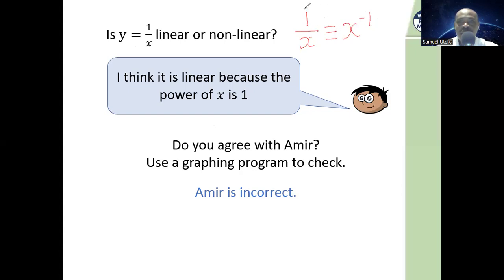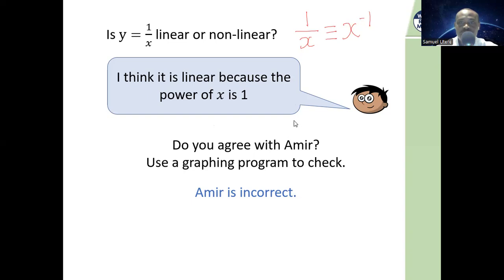I want you to write this somewhere and stick it on your fridge with a magnetic clip until the day we get to this. But I'm telling you now, right? 1 over x is the same thing as x to the power minus 1. Then remember what we said, that the linear graph would always have x being to the power 1.